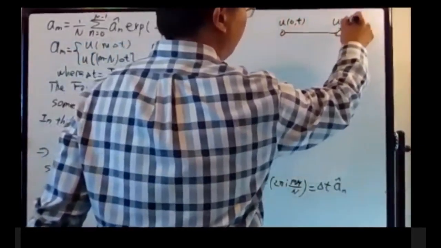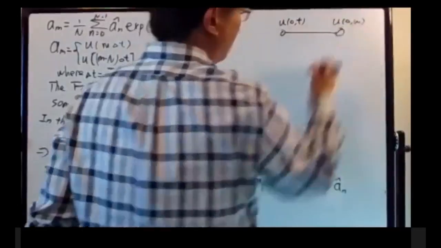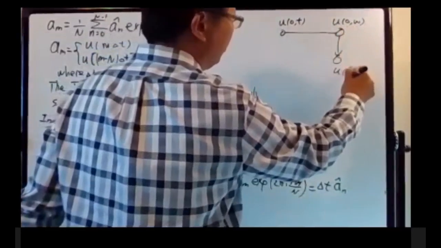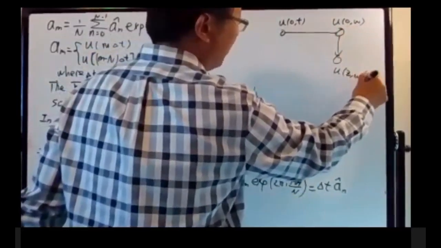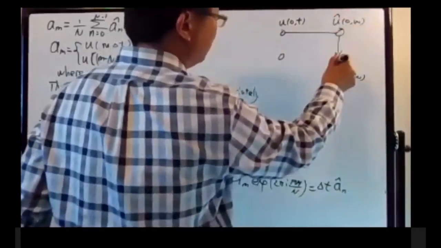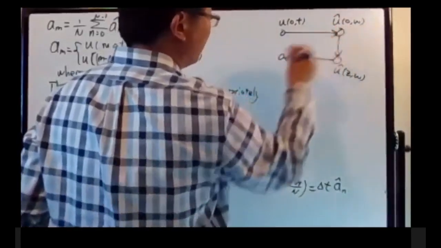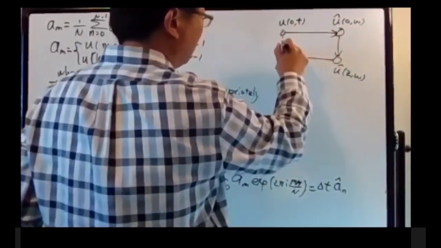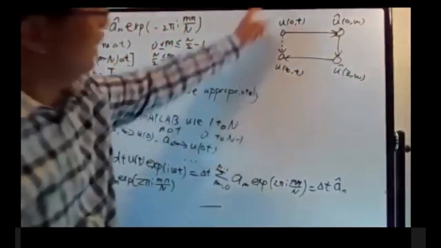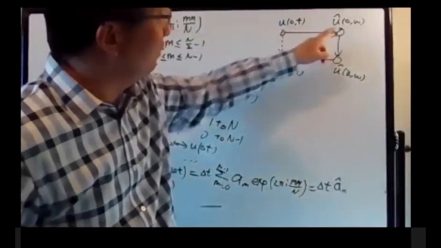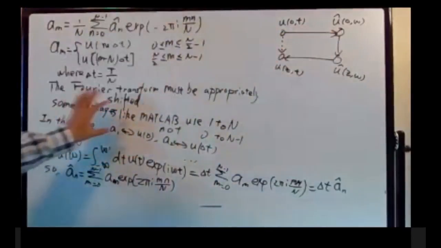We want to get U0 hat(omega), and then U_z hat(omega), and then we come back at U_z(t). What we learn is that we need to take a Fourier transform of this piece.